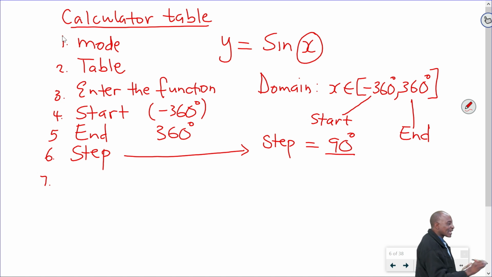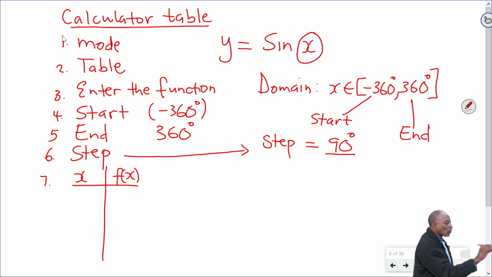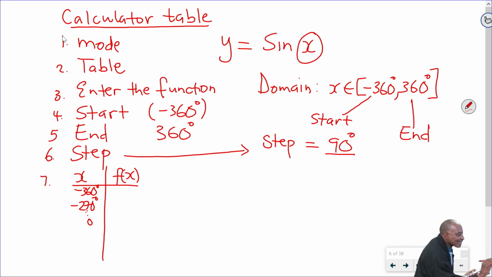The last part is your table, which is going to have your x values this side and your f of x values on the other side. Once you enter, it will give you all the numbers in correct order from negative 360, negative 270, going up through 0 until it goes to 360 degrees being your end point.